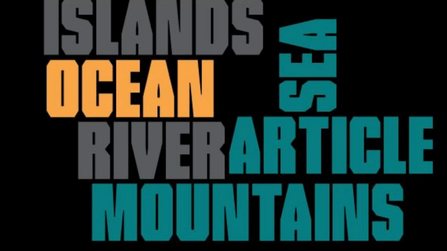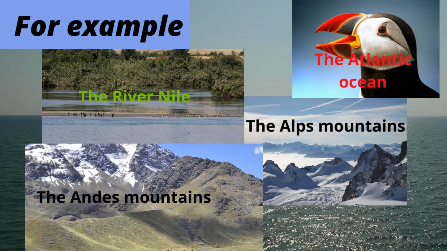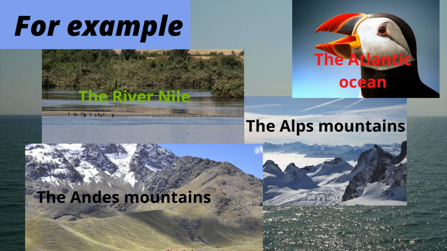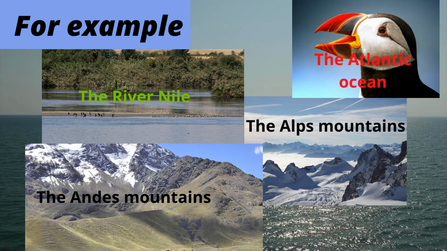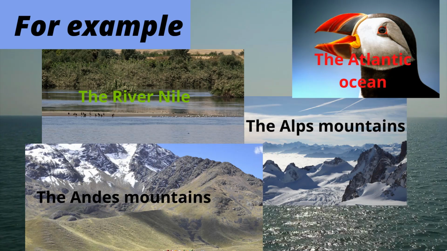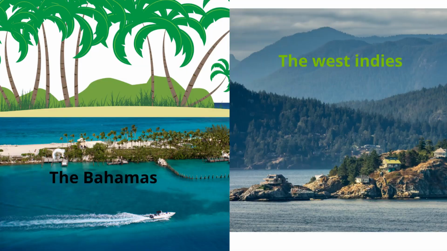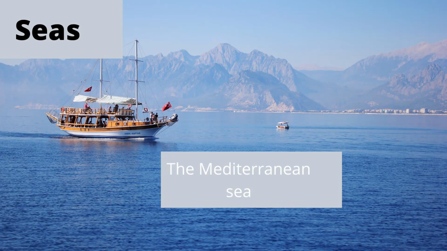For example, the River Nile, the Atlantic Ocean, the Alps mountains. We can also use it with islands, for example, the West Indies Islands, the Bahamas Islands. We can use it with seas, for example, the Mediterranean Sea.